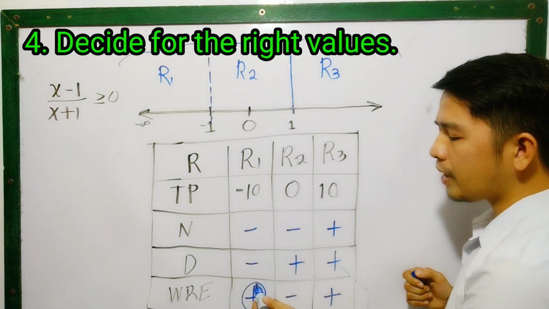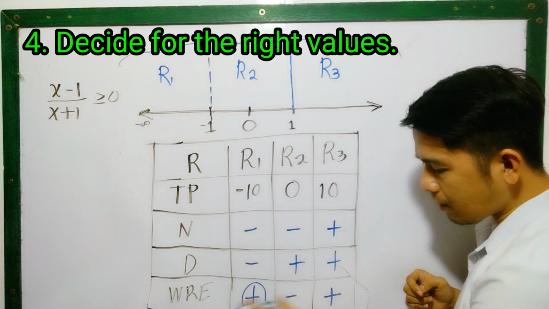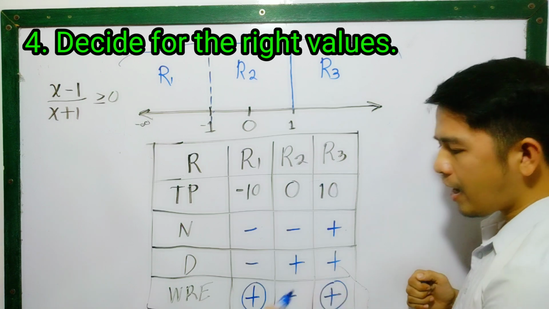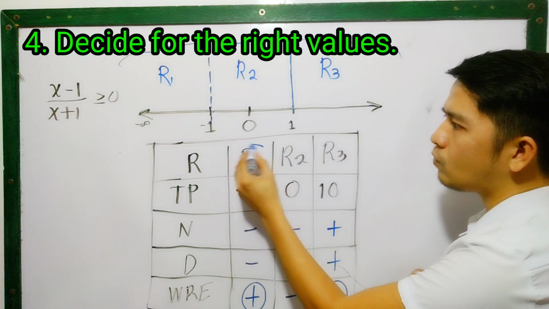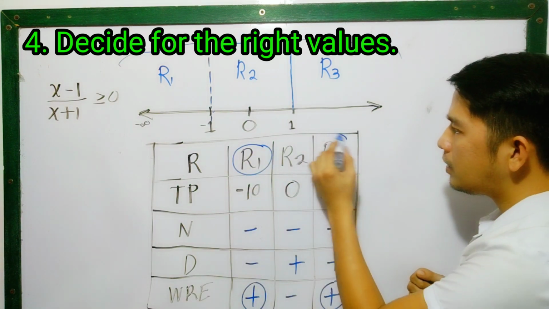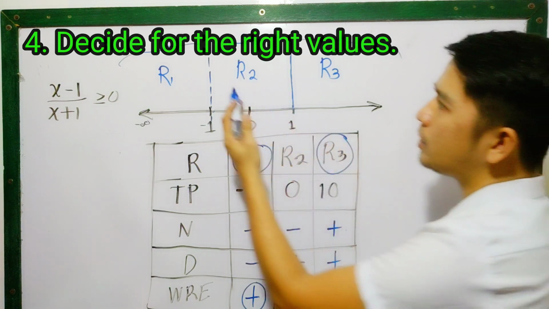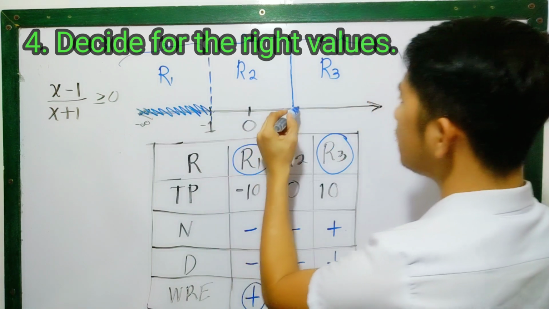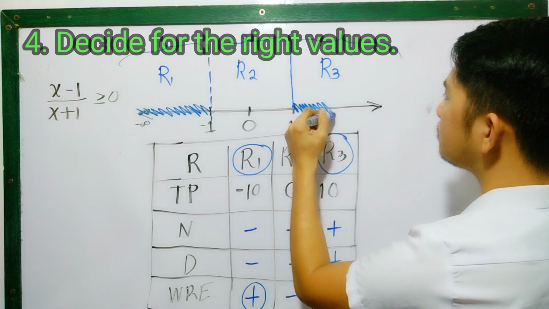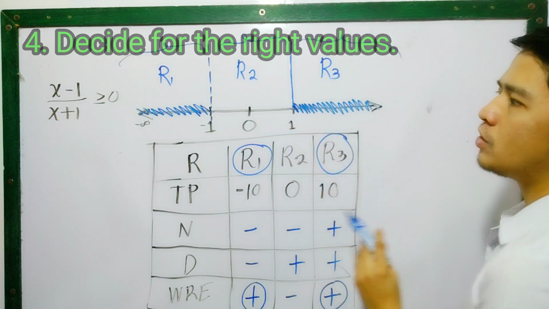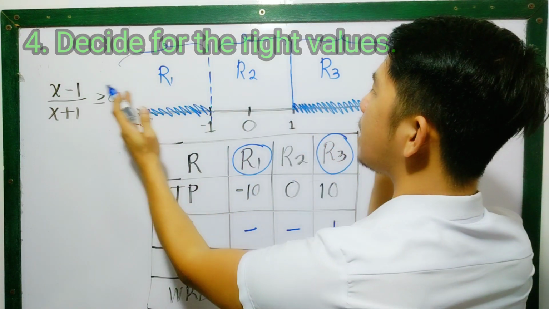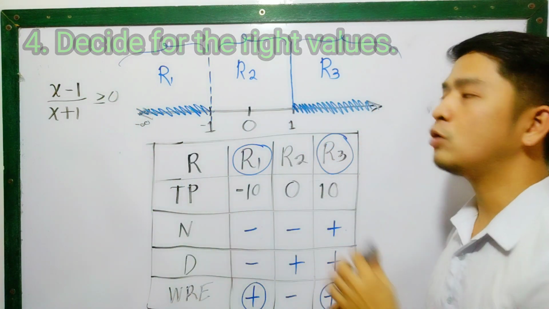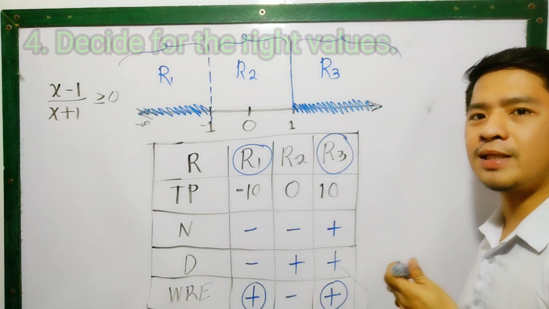So, therefore, kukuha natin lahat ng mga positive dito sa bandang baba. Okay? At tatapat ito sa region 1 and region 3. So, ang region 1 ay ito at ito. So, ito yung ating mga values ng x doon sa rational inequality.